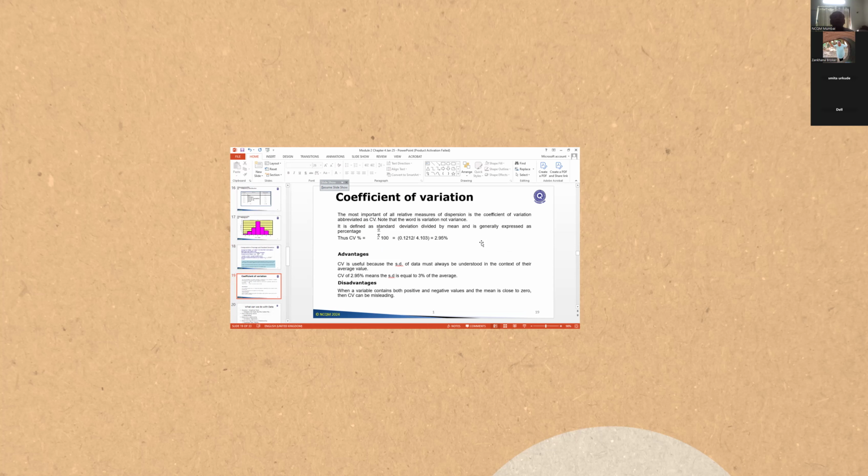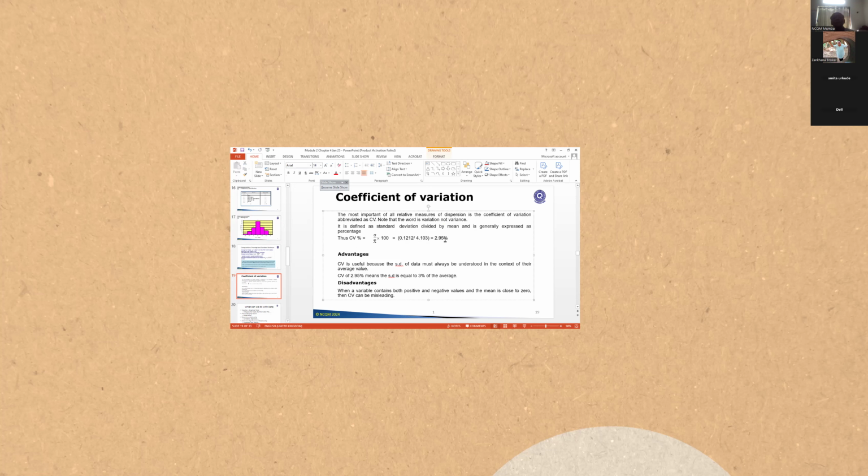Now, coefficient of variation is another term given here. It is the standard deviation divided by the average. For example, in the previous example, the coefficient of variation is sigma, 0.1212, divided by x bar, 4.103, and in terms of percentage it comes to 2.95%.